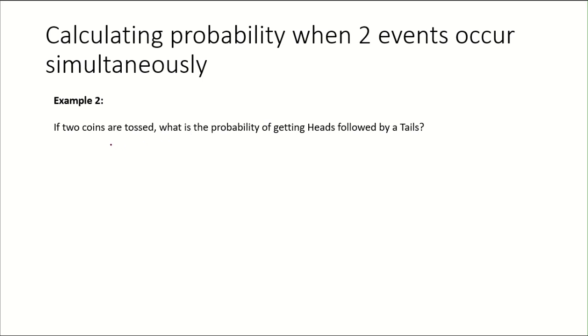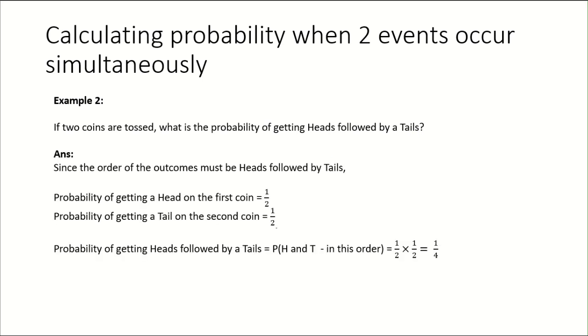Now take another example. Say 2 coins are tossed. What is the probability of getting first a head followed by a tail? Now the order of the outcomes in this case does matter, right? We want first a head followed by a tail. So the probability of getting a head on the first coin is 1 by 2, right? Because a coin has only 2 outcomes, head and a tail. The total number of outcomes is 2, and the number of desired outcomes is 1, right?